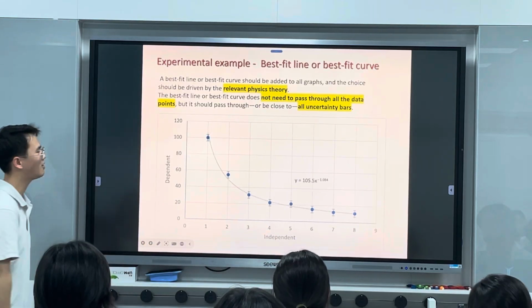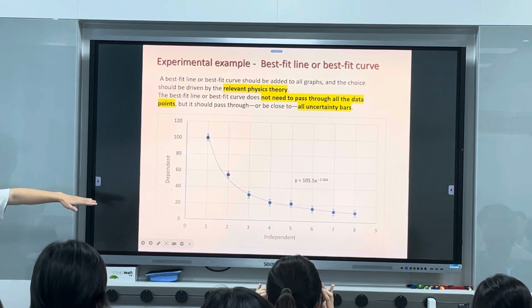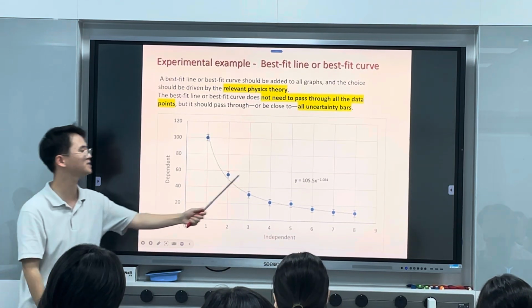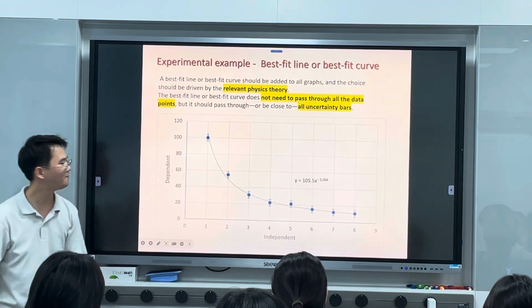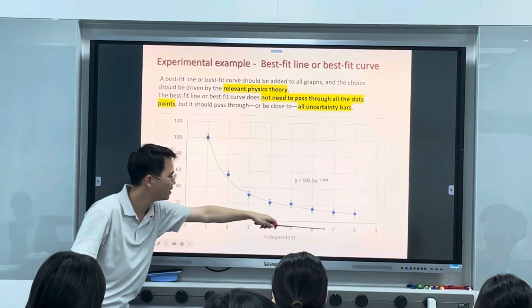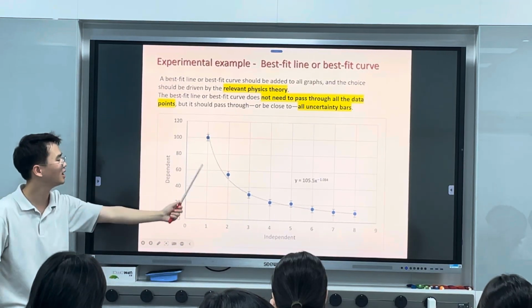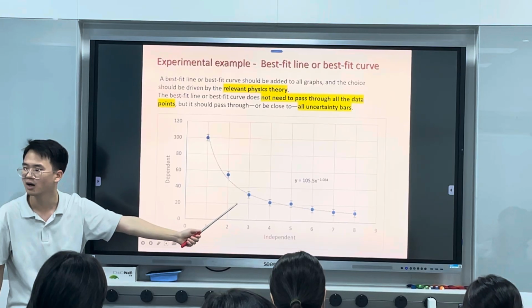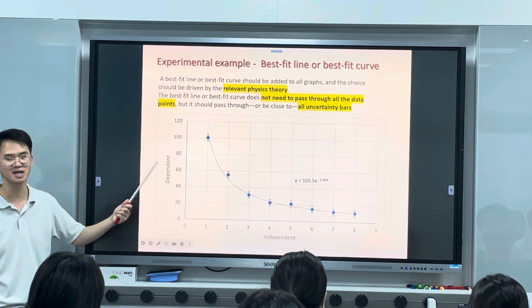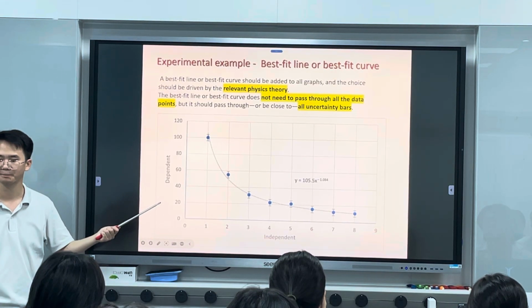Okay? However, this one is simple. It's just an exponential. We only have this to the power of something, but it also passes through the majority of the data points with their uncertainty bars. So, would you say this is a better one? Yes.